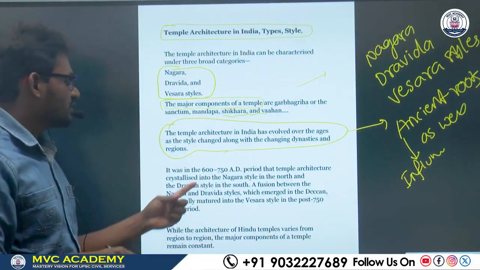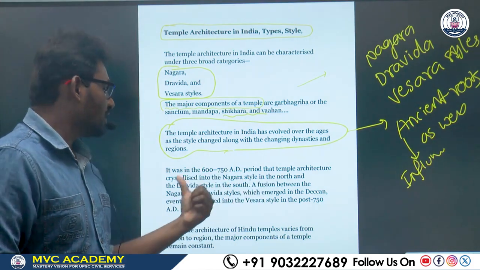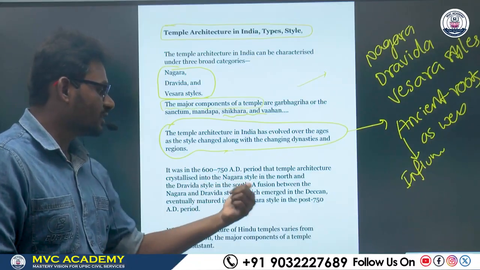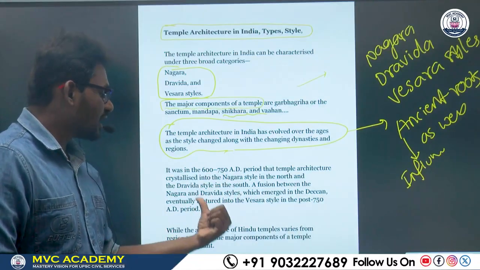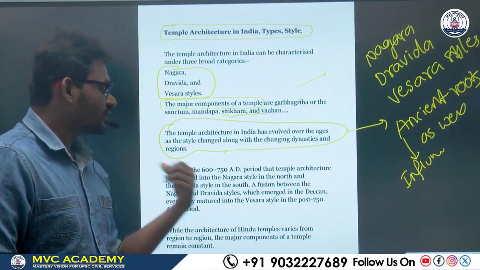So it was in 600 to 750 AD time period that the temple architecture crystallized into the Nagara style in the north and Dravida style in the south. A fusion between Nagara and Dravida styles emerged in the Deccan and eventually matured into Vesara style.